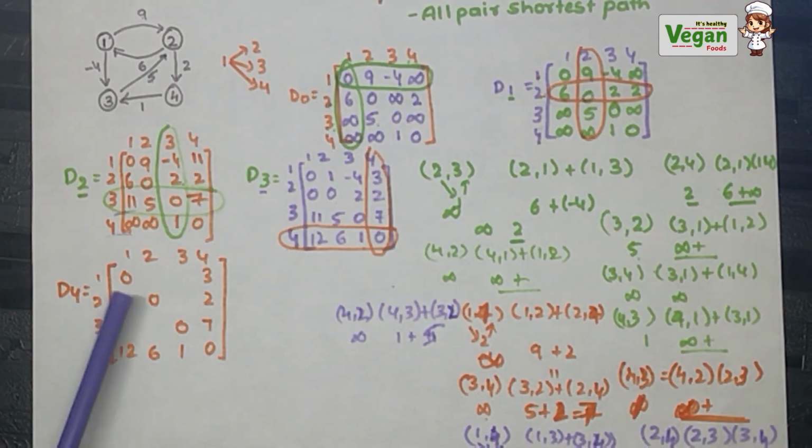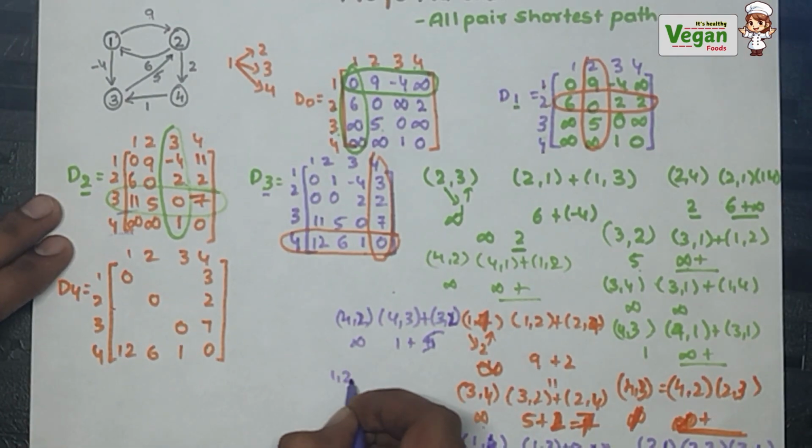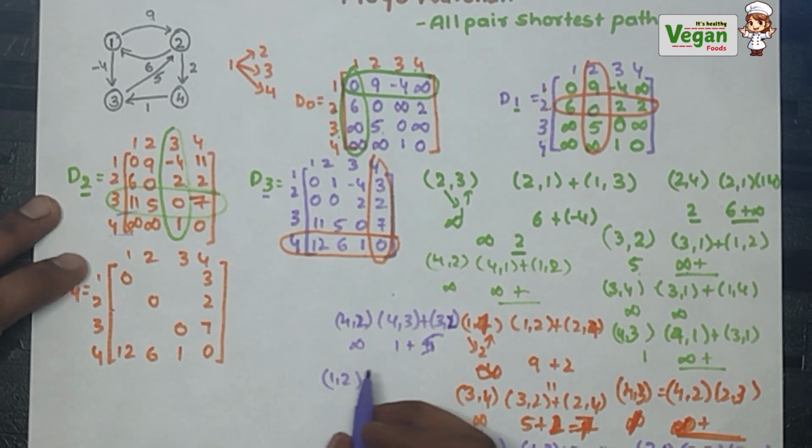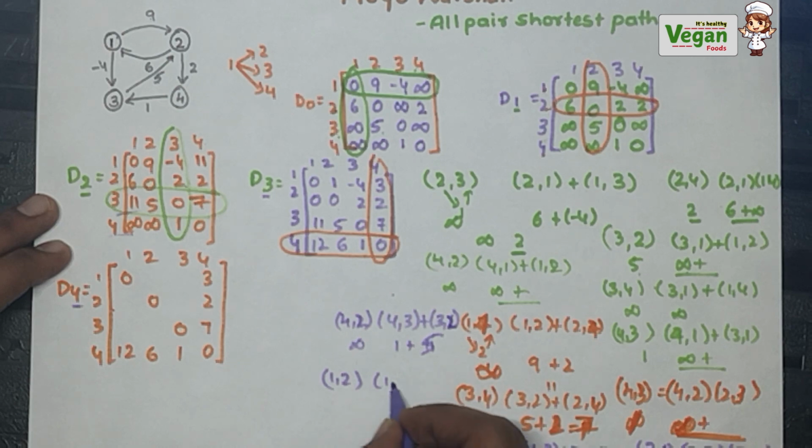Now I must find the 6 remaining elements. So the first one is 1 comma 2. To find 1 comma 2, you must go from 1 comma 4 plus 4 comma 2. You must go to 4 and come back to 2.